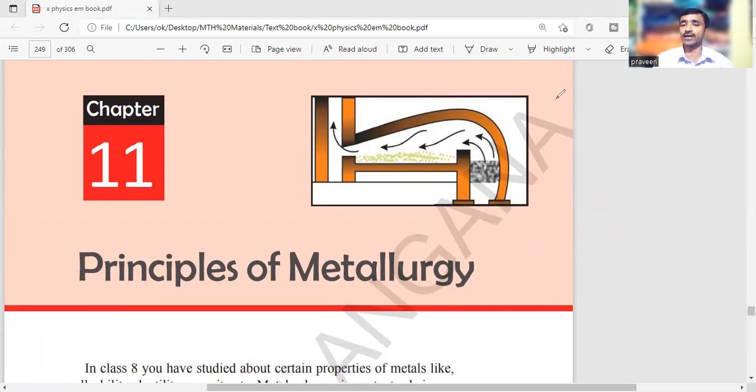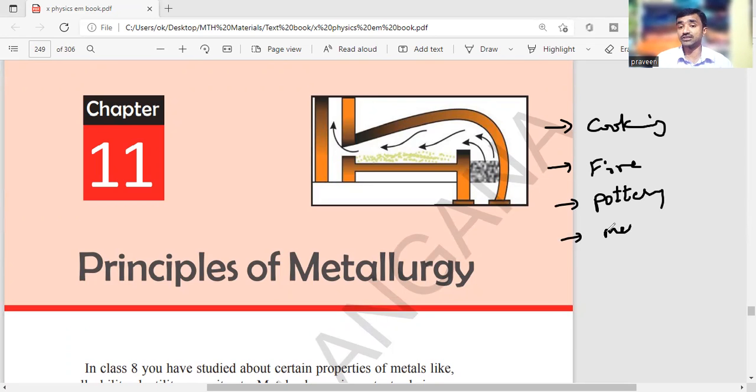First of all, they didn't know about cooking. They knew about fire, and they didn't have utensils. Firstly, they used pottery made of soil. Finally, they learned about metals, so they made utensils.